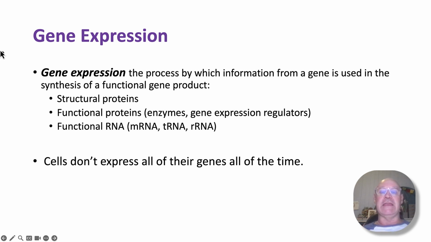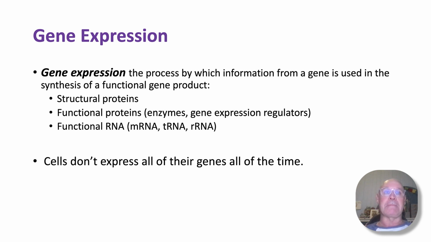But another one is gene expression regulators. So this video is all about regulating gene expression. So we have genes that are actually involved in regulating gene expression. And so some of the products of those are proteins, functional proteins, that actually regulate the expression of other genes. We also, of course, have functional gene products being functional RNA like mRNA and tRNA.